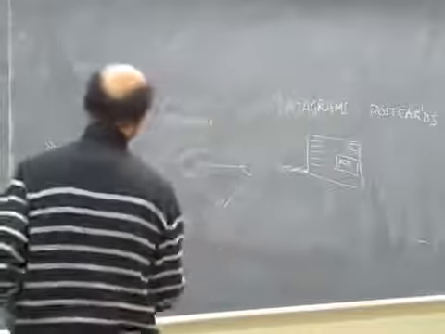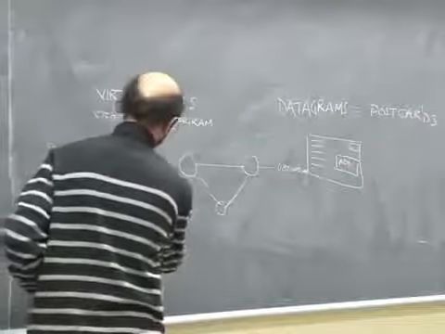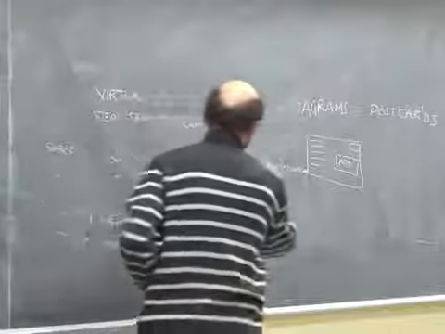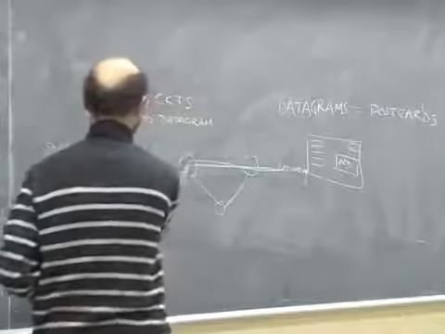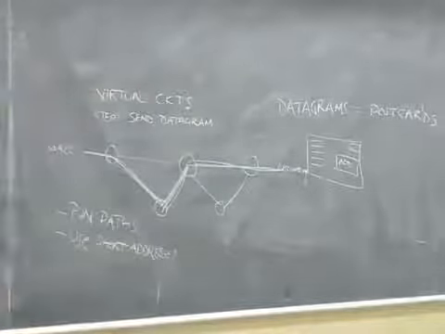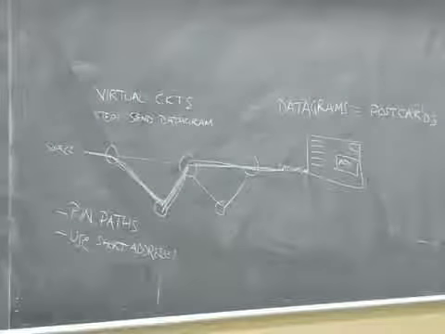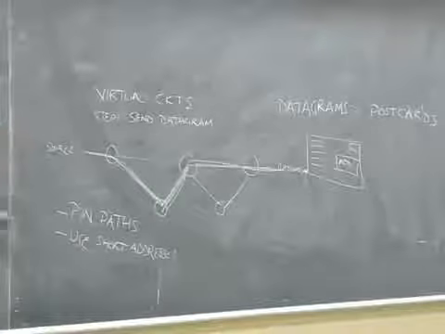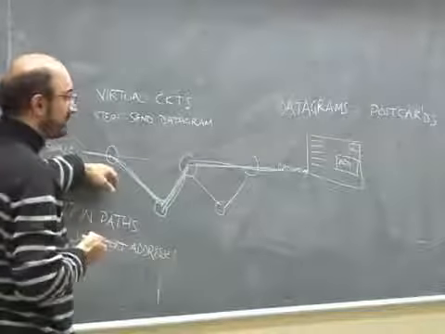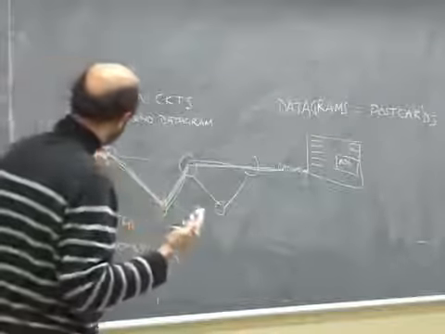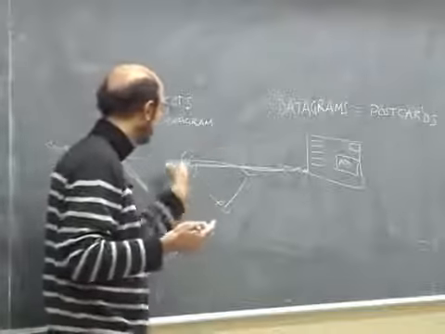Let's say that the datagram follows this path to go from the source to the destination. To send a datagram, I'm going to put the full destination address, please send it to the destination, and I'm going to send it to the first router along the path. Please send it. And then this router is going to do something, and then it's going to eventually get there.